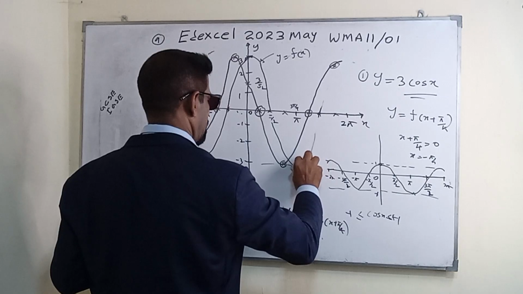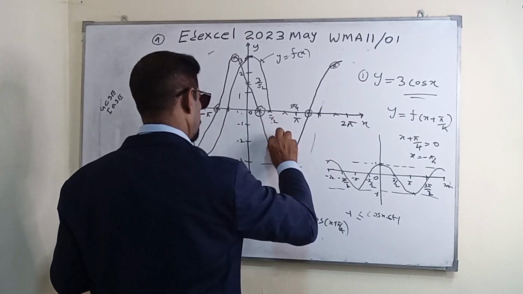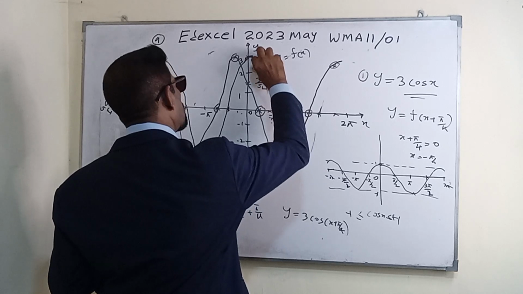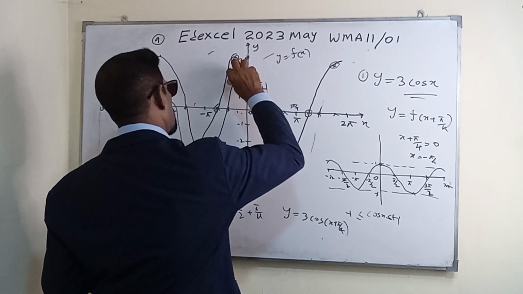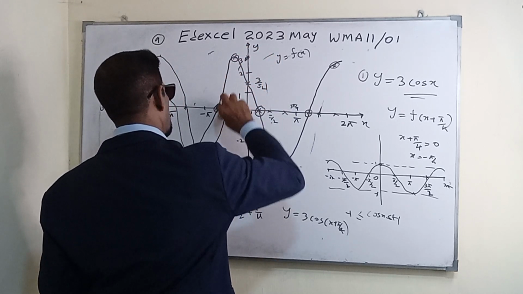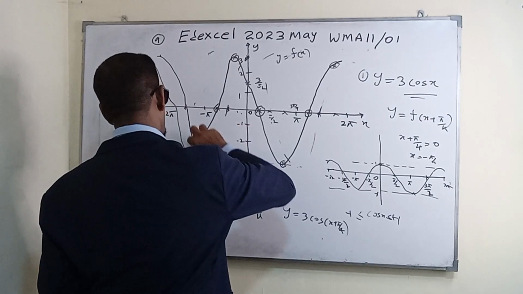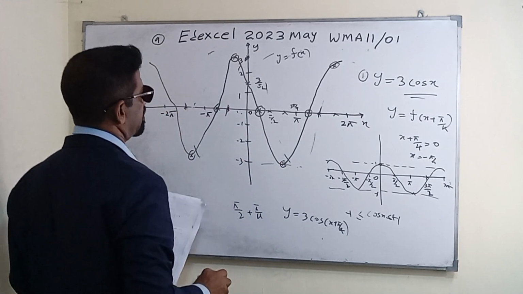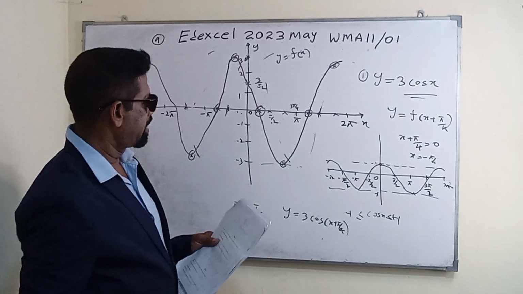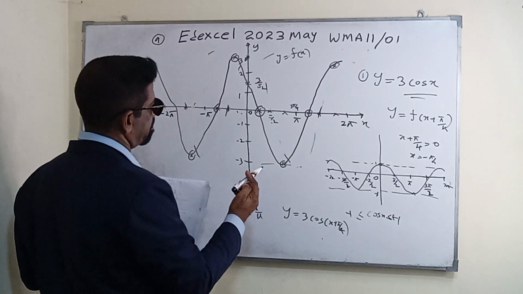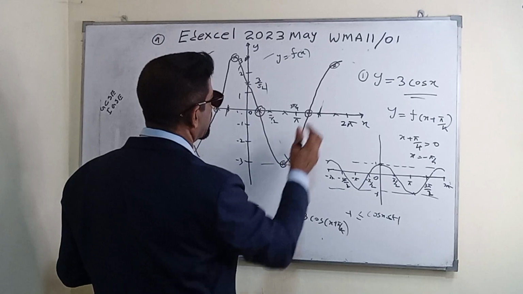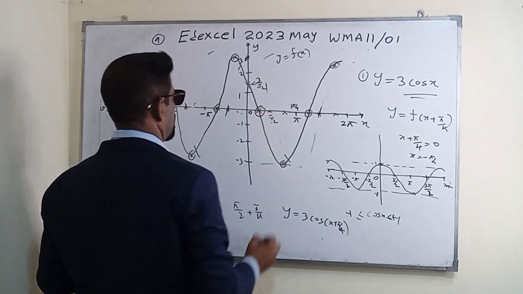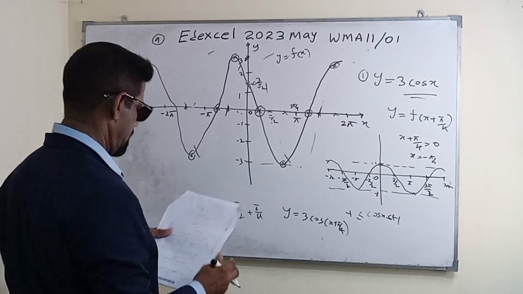This is the method: use a pencil and move the graph like this, 3 5 over 4 like that. Y does not change.